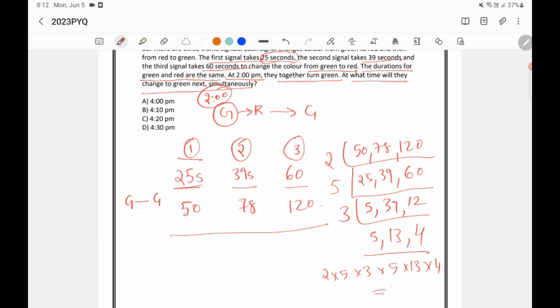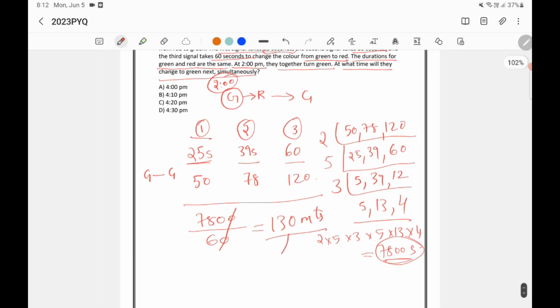If you do this one, you will get 7800 seconds. So after 7800 seconds, they will all turn green together. So we need to convert this into minutes. So 7800 by 60. So you will get 130 minutes.